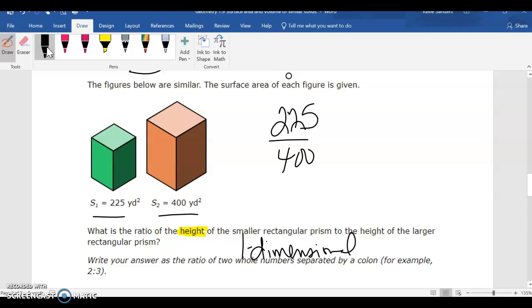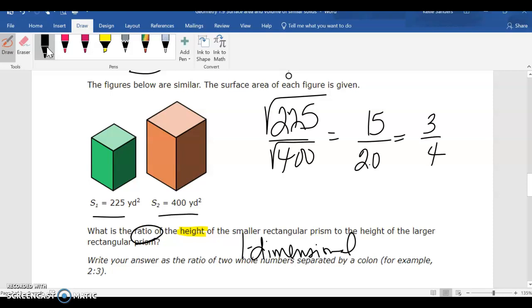And so surface area is two-dimensional, so I'm going to break it down by taking the square roots, because square rooting is the opposite of squaring, and get 15 over 20, which is 3 over 4. And then I want the ratio, so 3 to 4.